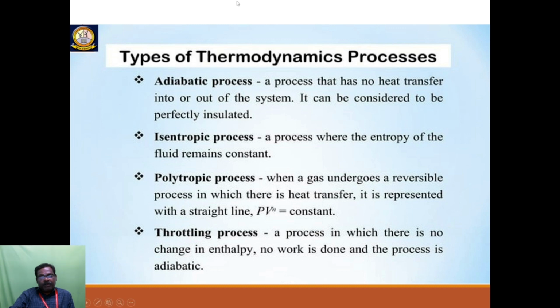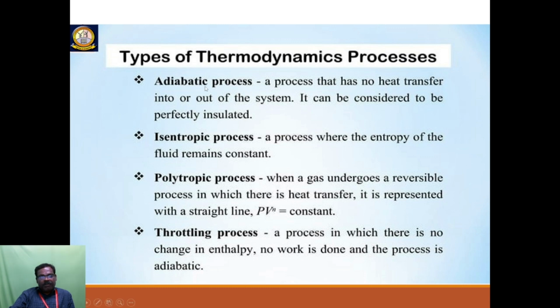So in thermodynamics, you have different types of processes depending on the property. If pressure is constant, it is a constant pressure process. If volume is constant throughout the process, it is a constant volume process. If temperature is constant throughout the process, that is an isothermal process.